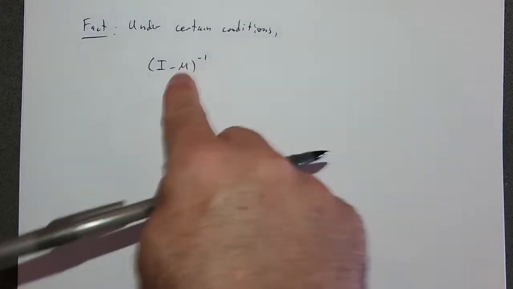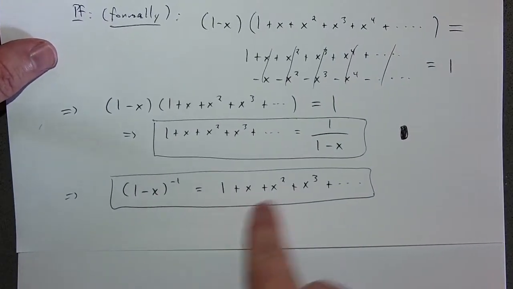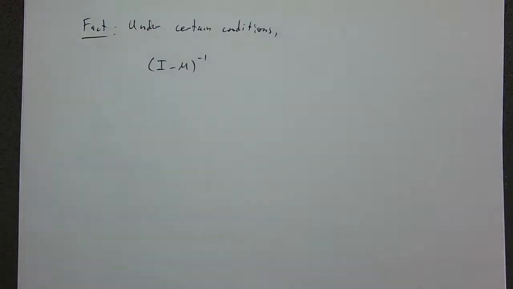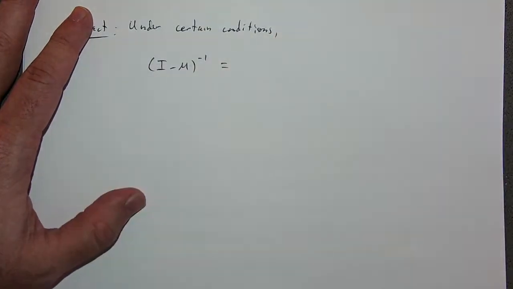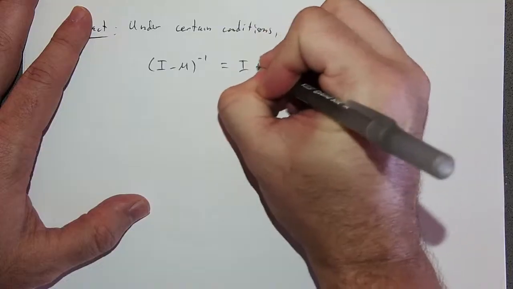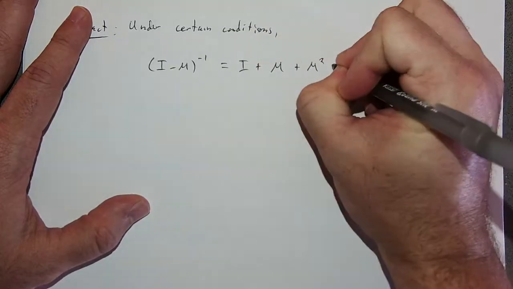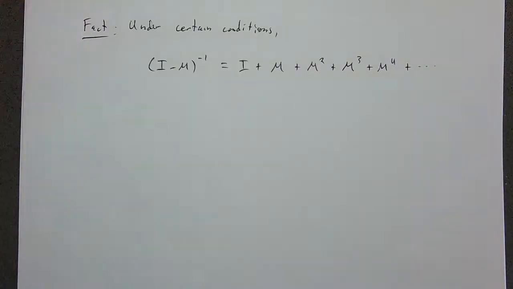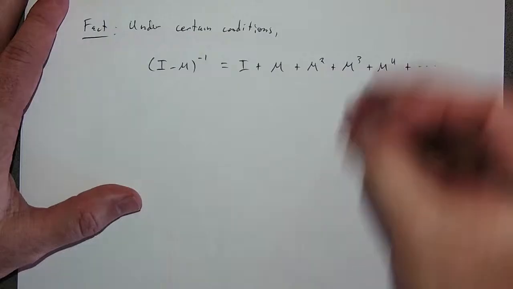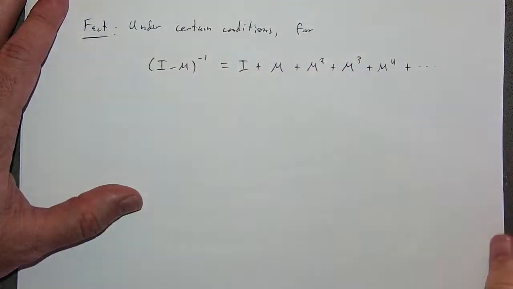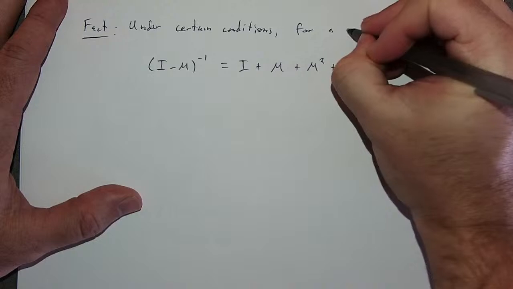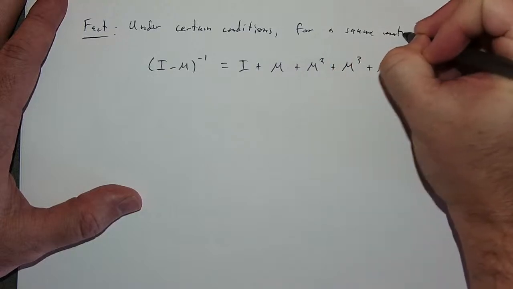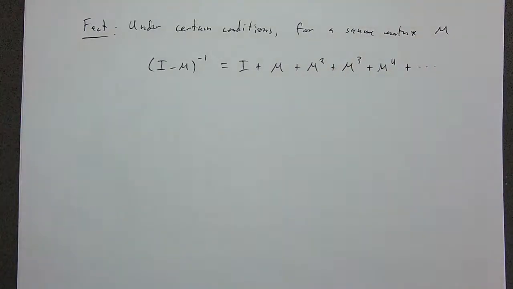This is a multiplicative inverse of a matrix, and that is I plus M plus M squared plus M cubed plus M to the 4th and so on. Maybe you could ask under what conditions. The conditions we'll talk about are for a square matrix M. So under certain conditions for this square matrix M, this is what we have.